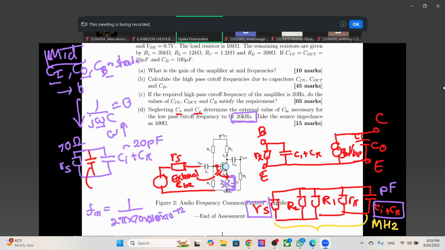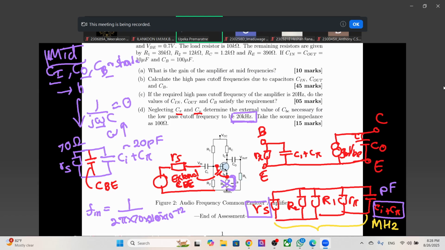We are neglecting these two values, C pi and C mu, and we'll take it as capital CBE.